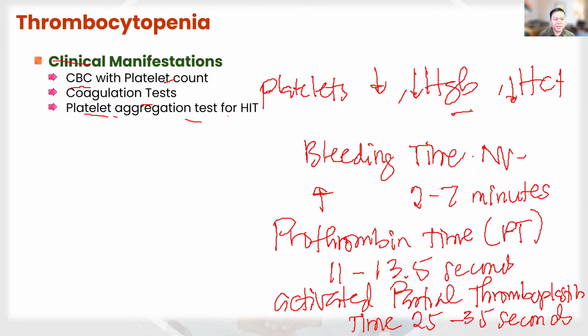Oh, I'm supposed to put here diagnostic test. I did not change it. So these are the diagnostic tests. Let me just quickly change that. Hang on a sec. All right. Diagnostic test.